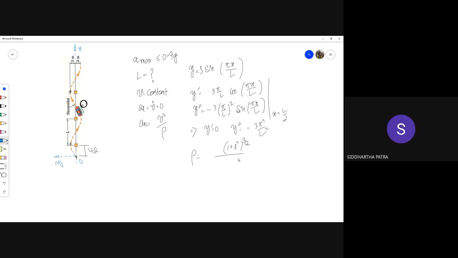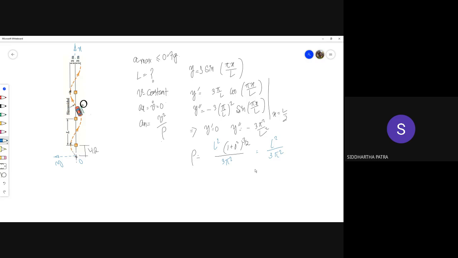So rho, the radius of curvature, is the absolute value. So I should be dividing by y double prime, which is 3 pi squared over L squared. So L squared divided by 3 pi squared is the radius of curvature.